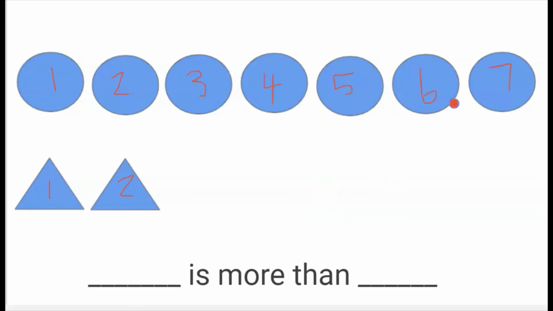Which one is more, the circle or the triangle? The circles have more. 7 is more than 2. When we line them up, we can also draw our line and notice that these 2 circles and triangles have a match, but the circles keep going because there's more circles. So 7 is more than 2.